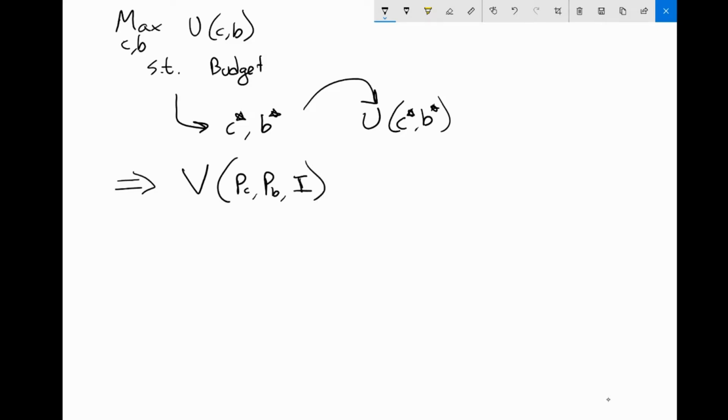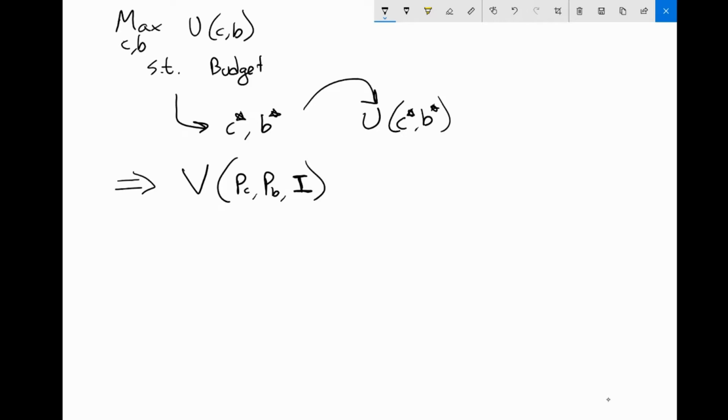So now let's say that we wanted to know some things about how changes in the parameters might affect the ultimate utility that is derived by the agent. So this indirect utility function will give me utility taking the parameters as inputs. It will give us the utility at the optimal.